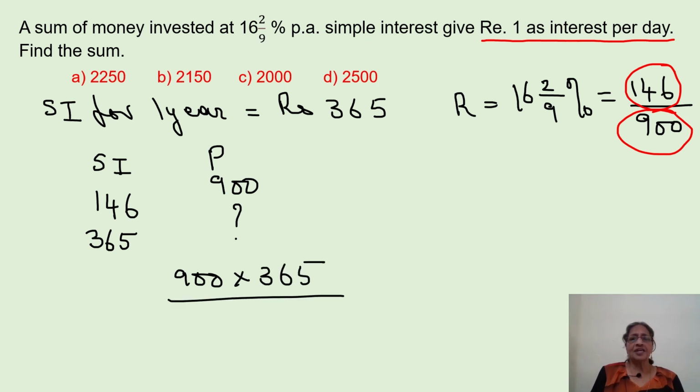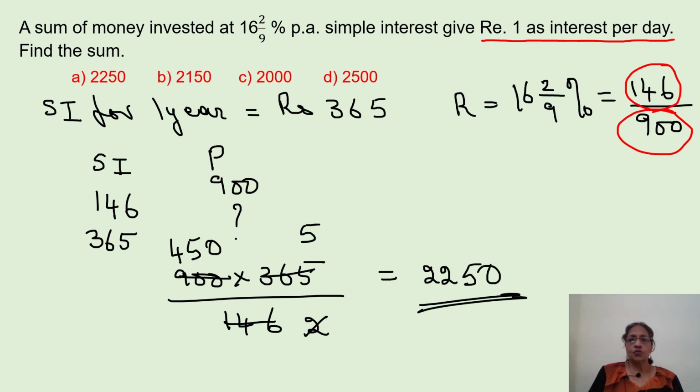Now if you look at figures like these, 146, 365, they are all multiples of 73, which happens to be a prime number. So this will go twice, this will go 5 times. And your correct answer would be 2250.